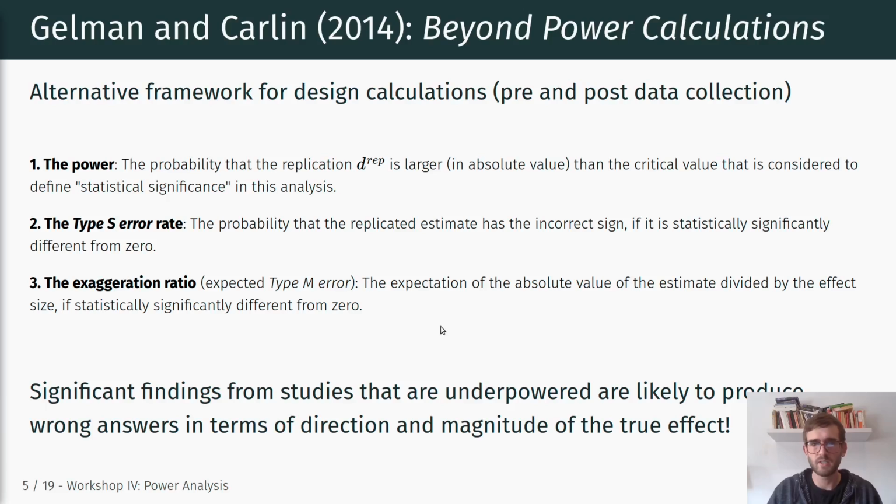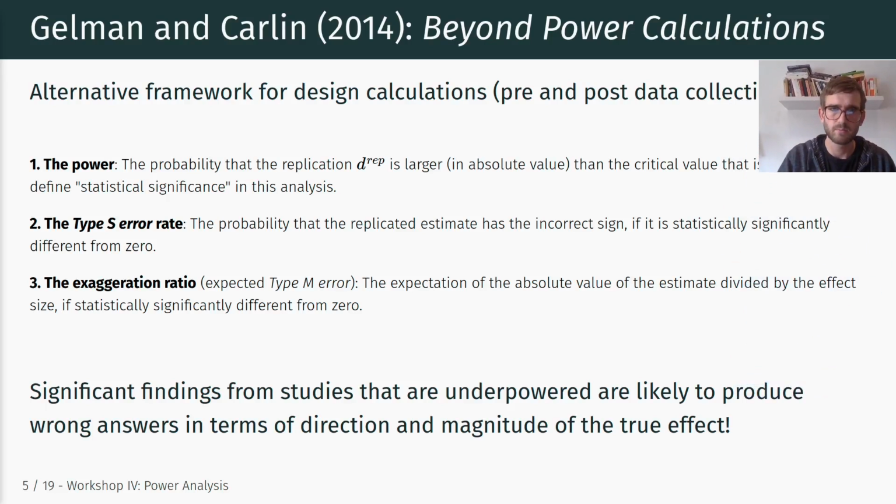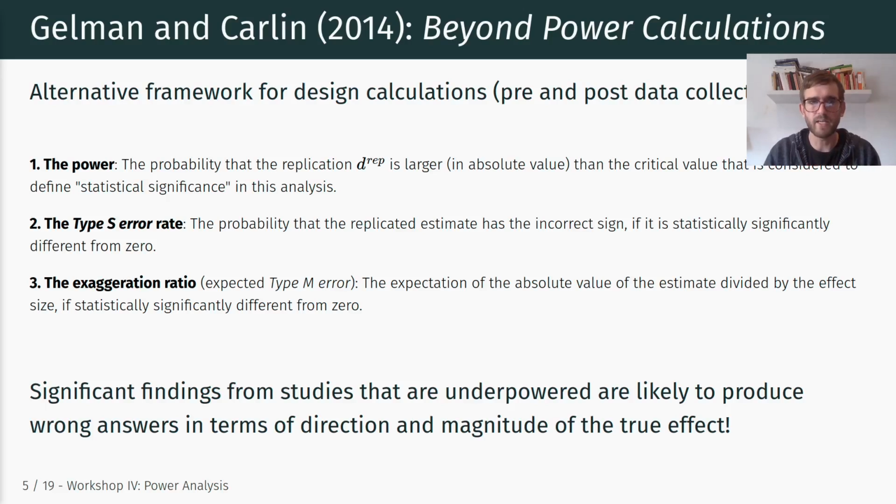Okay, so the key point is that significant findings from studies that are underpowered are likely to produce wrong answers in terms of direction and magnitude of the true effect. If we have studies with small sample sizes that are underpowered, we can still find significant effects. And it's a common misconception that if you happen to find statistical significance with low power, this is a good thing, that you have achieved something really impressive, because even though your power was so low, you still found something significant.